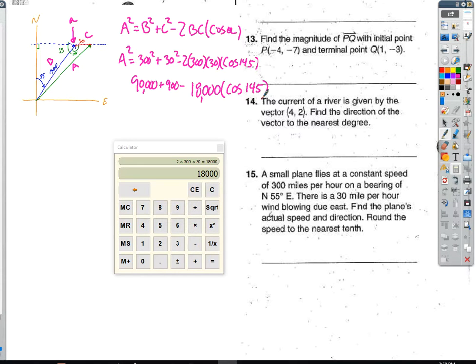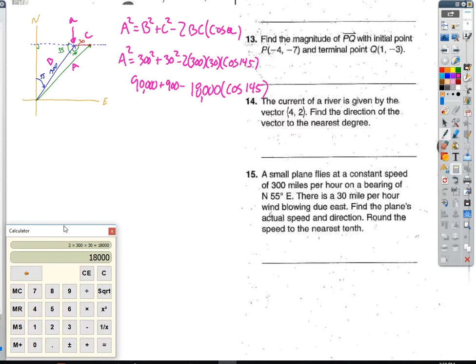My calculator here doesn't do cosines, so I know you can't see this, but I'm going to take my super cool calculator and say 145 and hit the cosine button. And so I get 18,000 times negative 0.819.